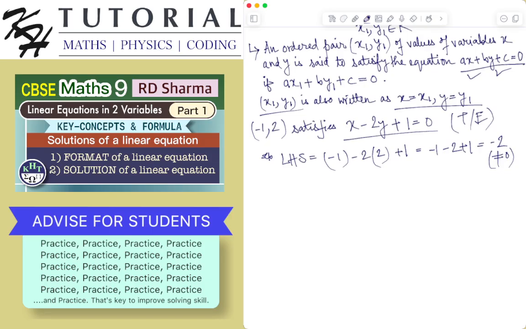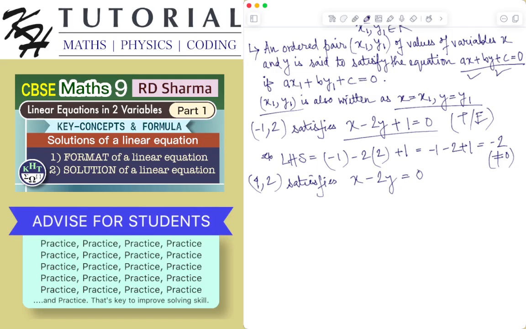Can we say that 4 comma 2 satisfies the linear equation x minus 2y equals 0?